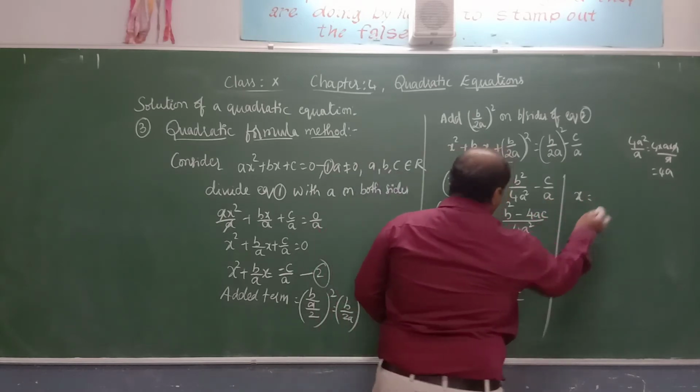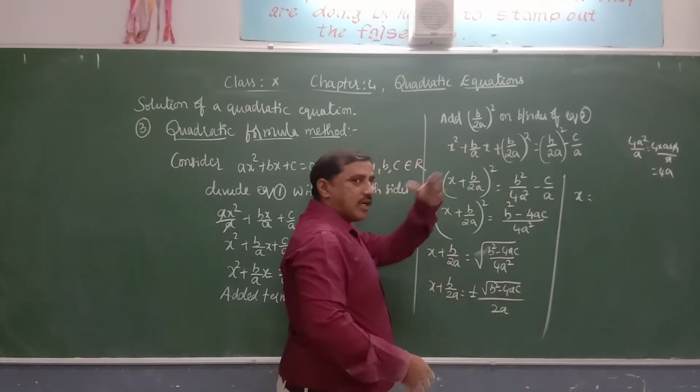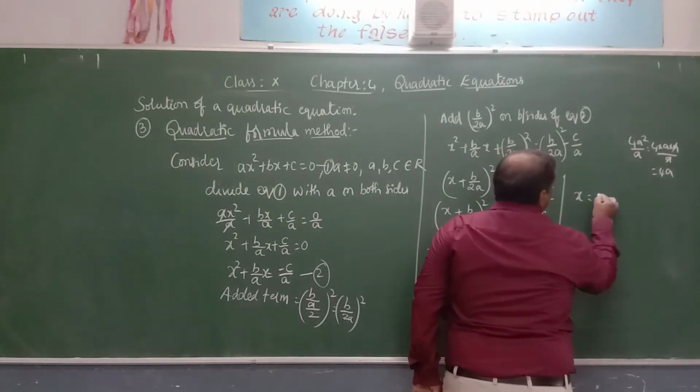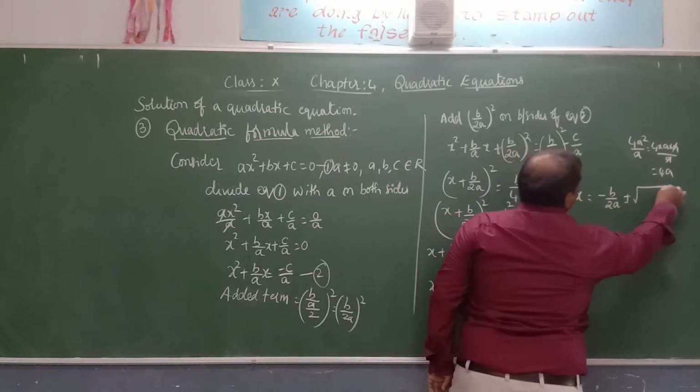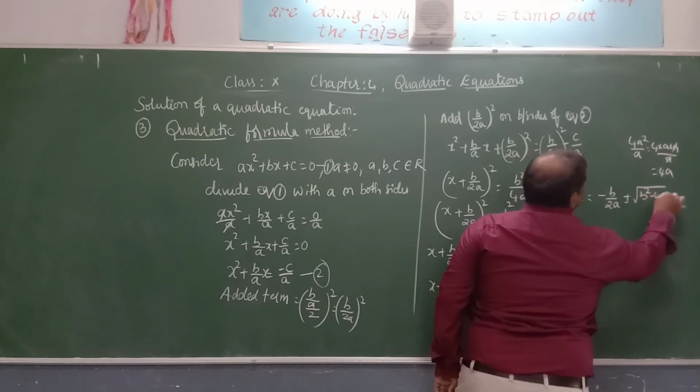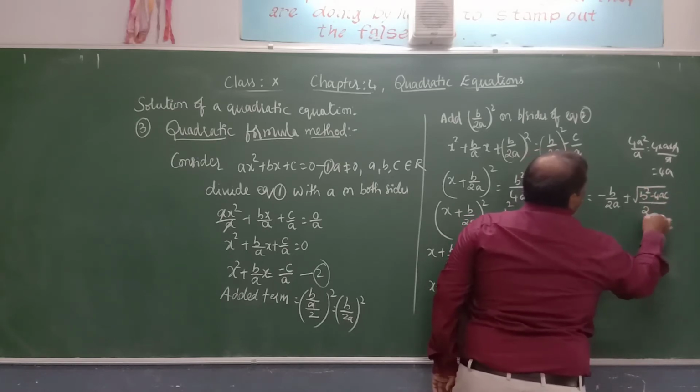So now x is equal to, transposing plus b by 2a to the RHS, we get minus b by 2a plus or minus square root of b square minus 4ac divided by 2a.